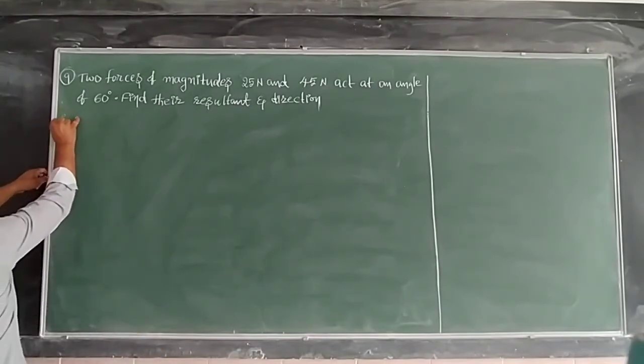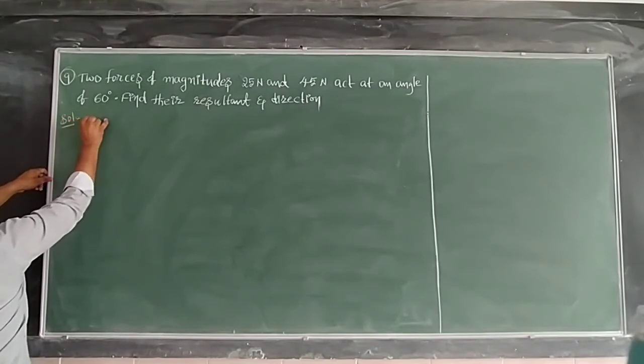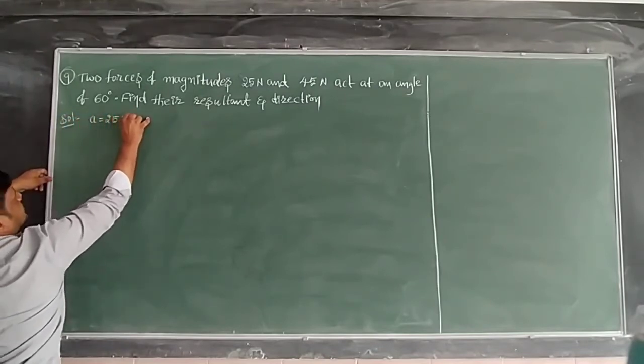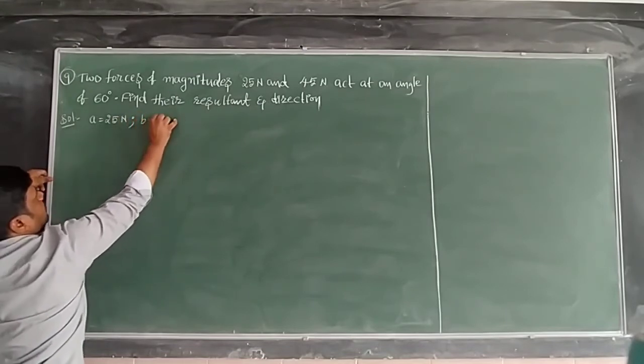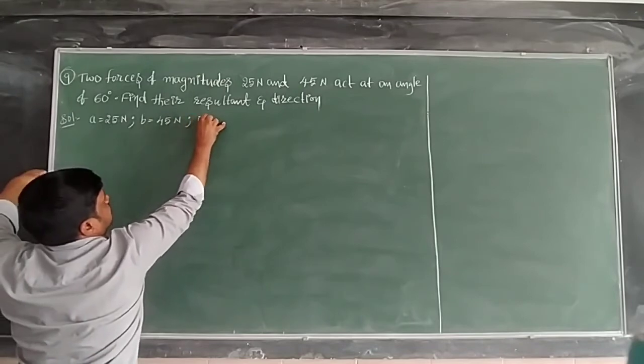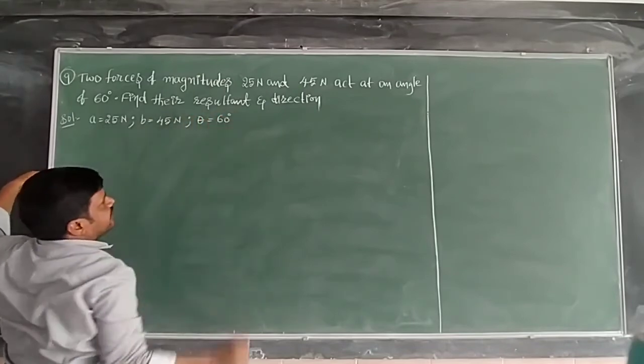So when the problem is given like this, you take two forces. A equal to 25 newtons, similarly B equal to 45 newtons, and the angle between the two forces is 60 degrees.